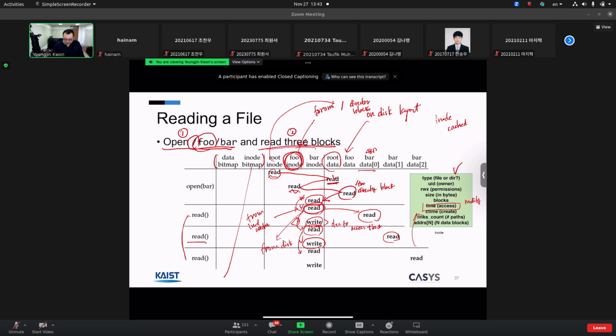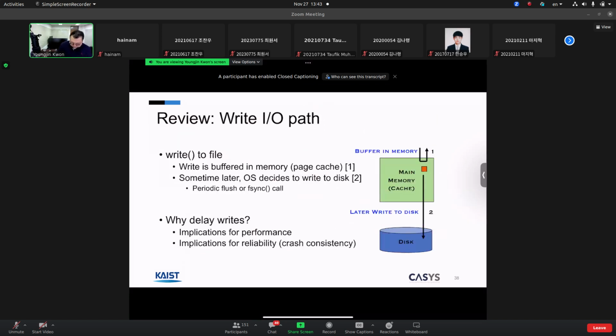But this is kind of basic stuff, so I have to stick to the original design. But there's an option for avoiding this write operation. Does it make sense? In practice. Okay. All right.